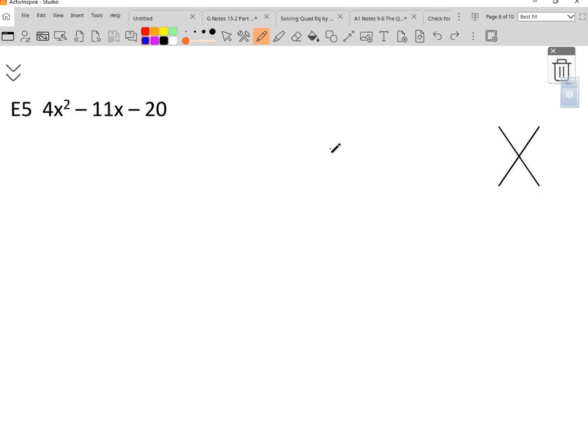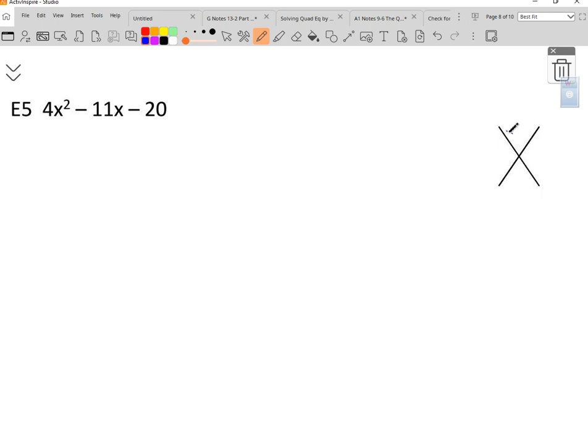I think you draw your x and then fill it in. What's going to go to the top, Gregory? Negative 9 is going to go on the top.